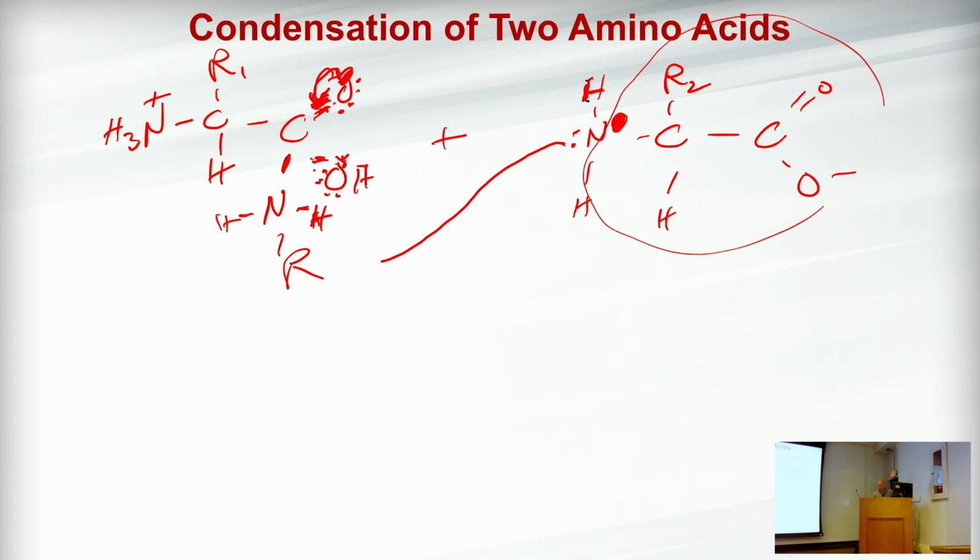Maybe it takes this proton, and then these electrons go back to the nitrogen, and so ultimately what you would wind up with is the water molecule going away, and your nitrogen with its 2 electrons, and your new peptide bond.